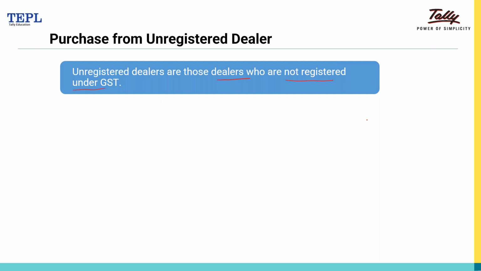Why are they not registered under GST? Because their turnover is less than 40 lakhs or less than 20 lakhs. Okay, clear? So that is why they are not offered GST registration.